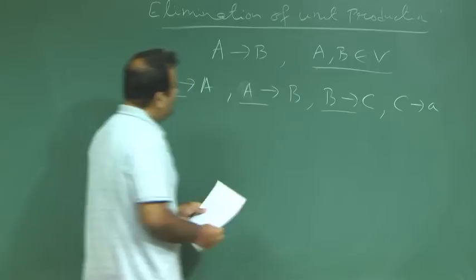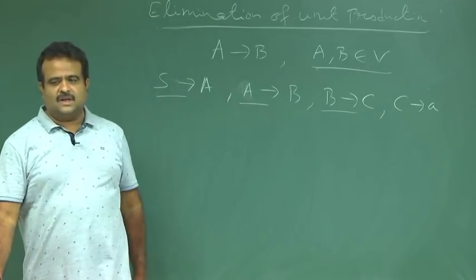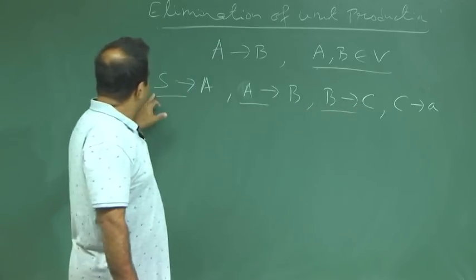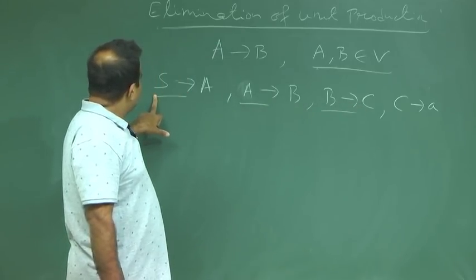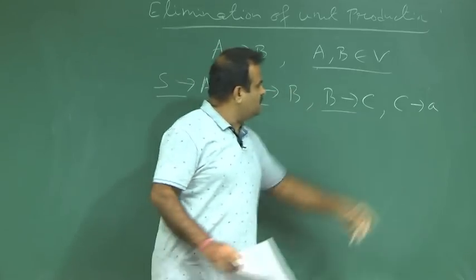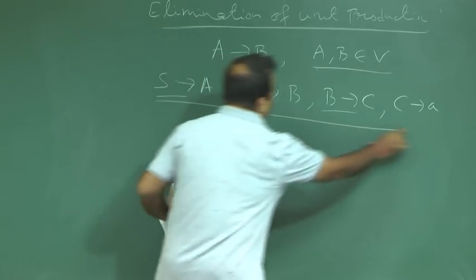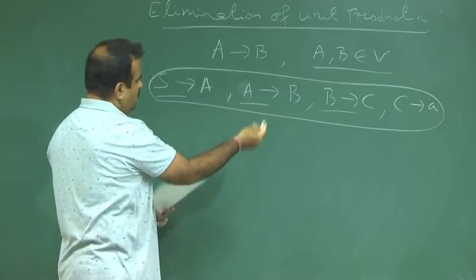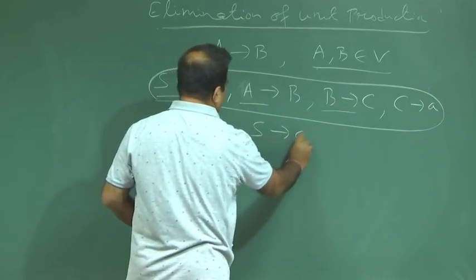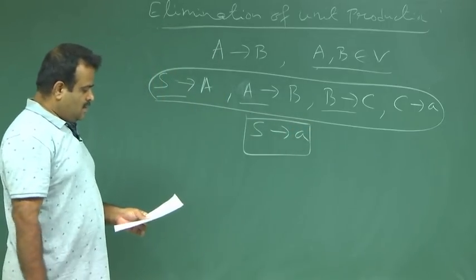You can easily see these can be reduced further, because ultimately C can be derived from S, A, B, and C goes to small a. So, all these can be replaced, because this generates the same grammar, and S goes to small a is the only production needed to represent this.